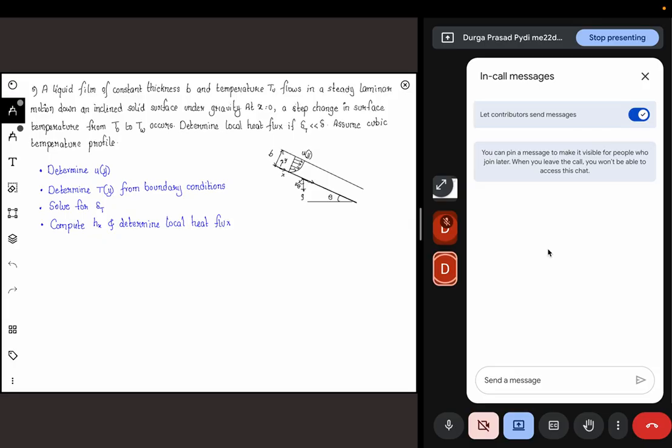So are you able to solve for the velocity profile? Okay, so how do we go about solving these kind of problems?